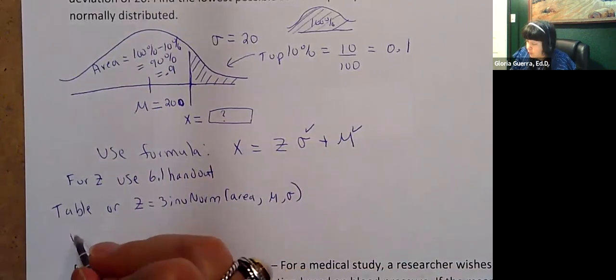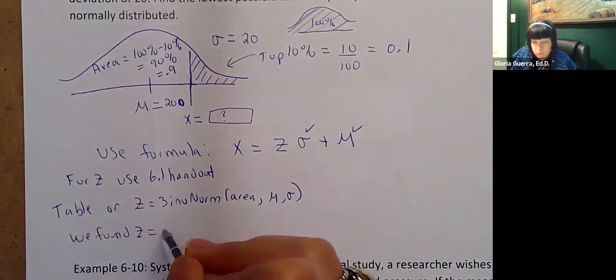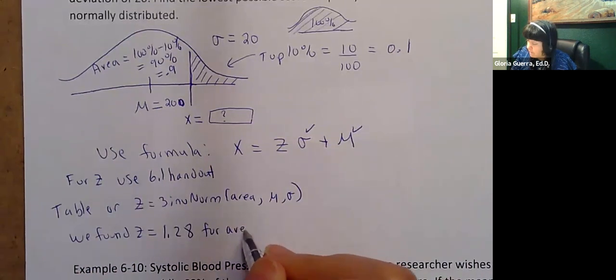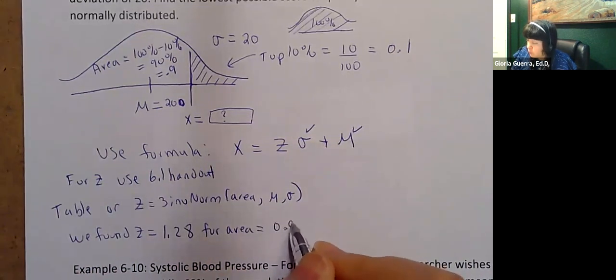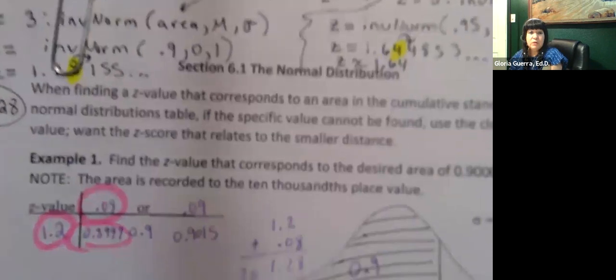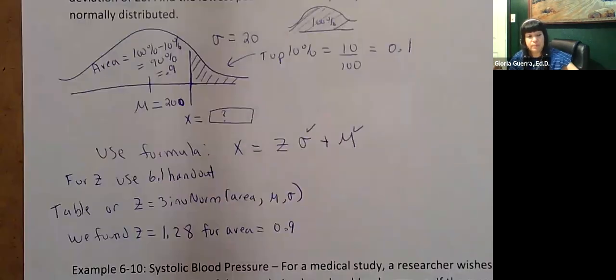And we found Z to equal 1.28 for that area 0.9. So we're not going to show you all that again. That was the purpose of me doing that here, to save time. And we said the Z was 1.28.